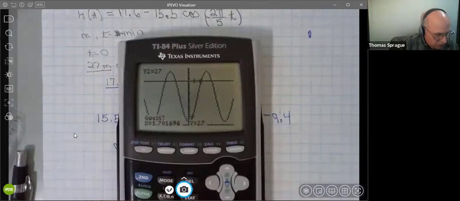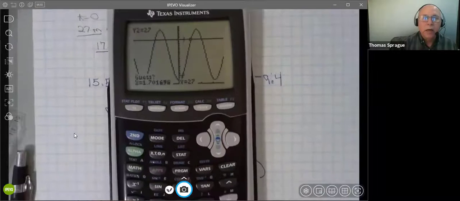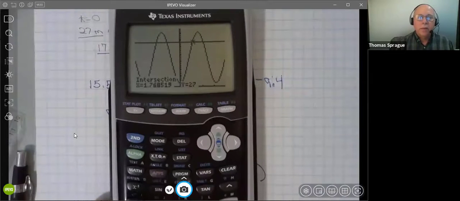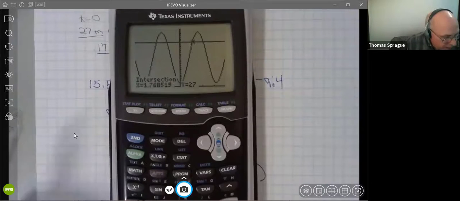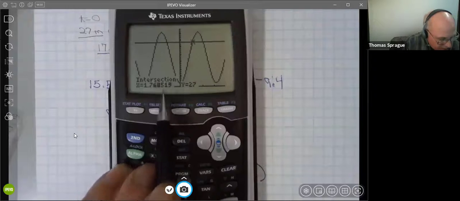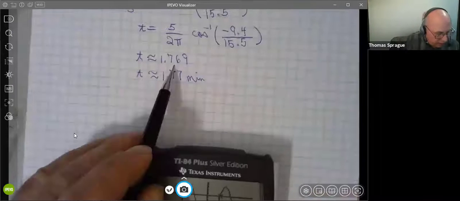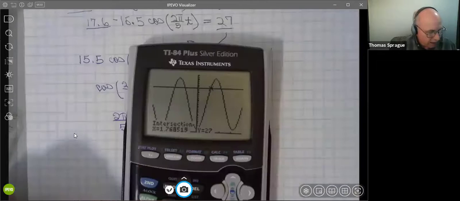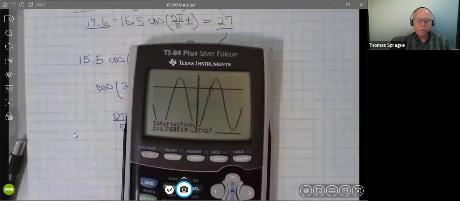So I highlight it visually and press enter. And this is coming up with 1.7685. And that's consistent with what I had here.